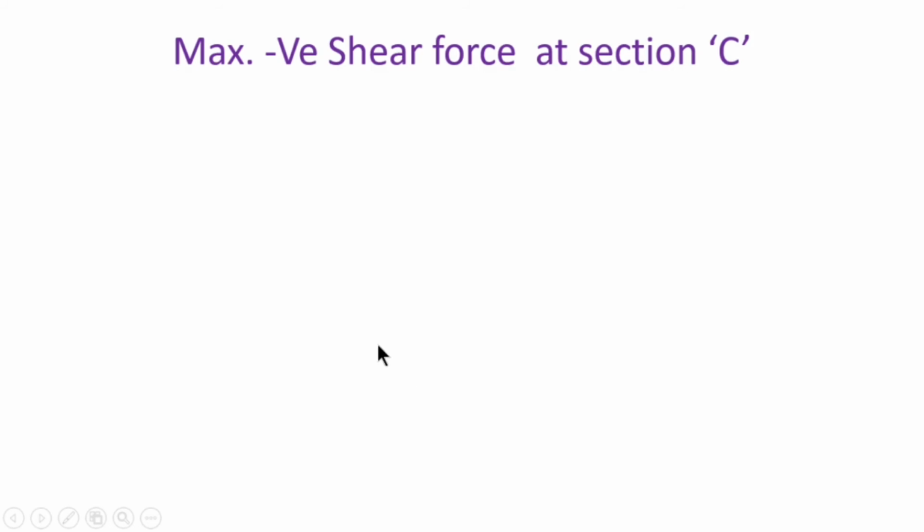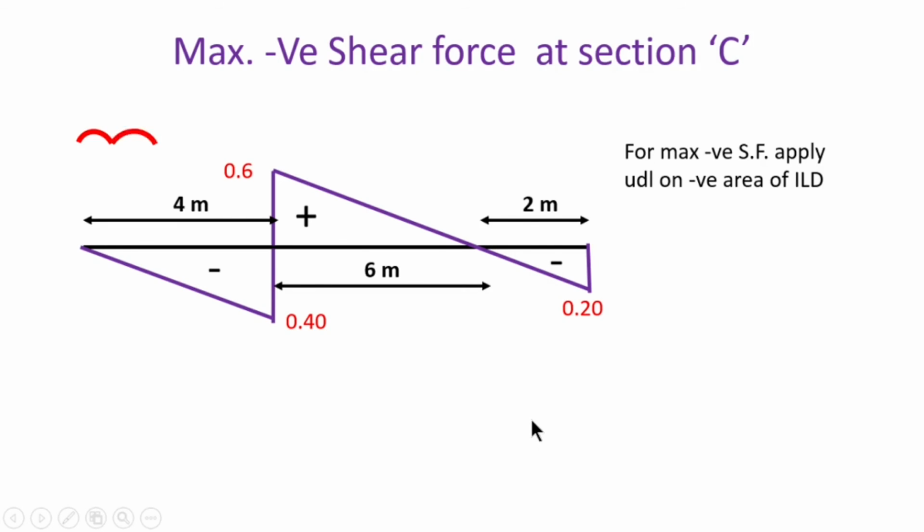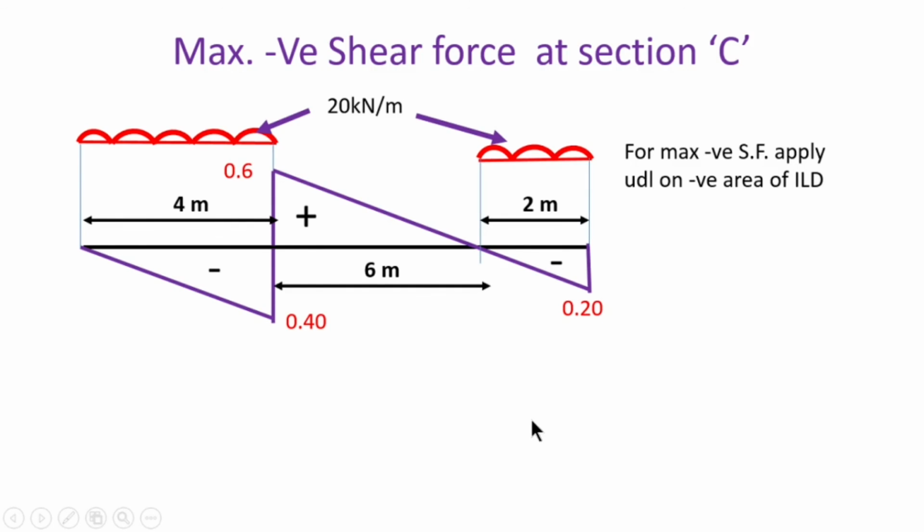The next is the maximum negative shear force at section C. So this is our ILD. For the calculation of maximum negative shear force at section C, apply the UDL only on the negative area. Below the line is the negative area, these two parts: this 4 meter length and this 2 meter length. So apply the UDL on the negative area, with an intensity of 20 kN per meter.